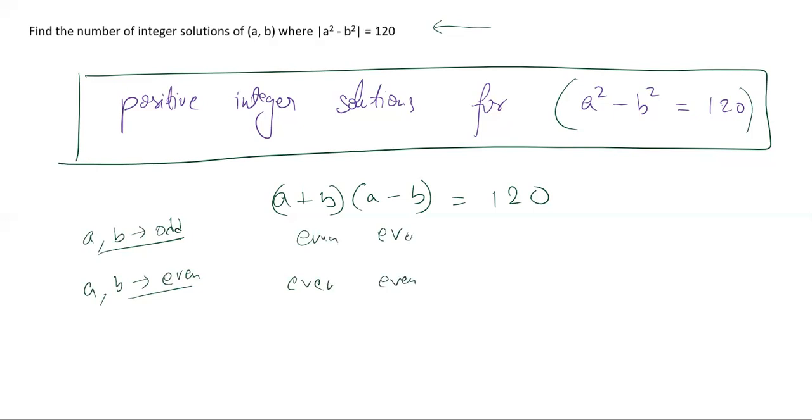So I hope you can see that a plus b and a minus b are both even simultaneously. Even if a and b, one is odd, it doesn't matter which one, and the other one is even, you can check the other way around yourself. So you have odd plus even, odd, as well as odd minus even, odd, right? So this is definitely happening symmetrically. Whatever a plus b is in terms of even or odd, a minus b is the same thing.